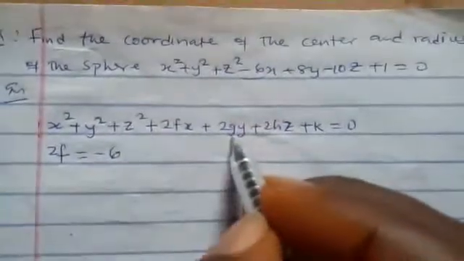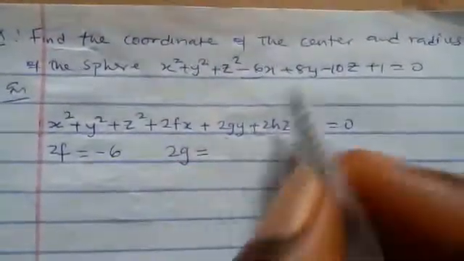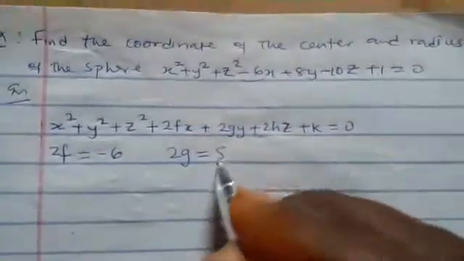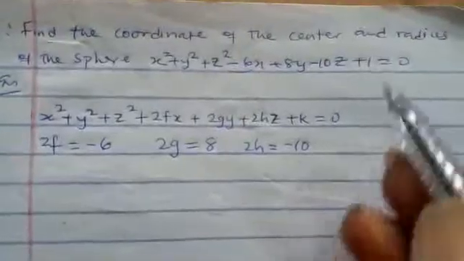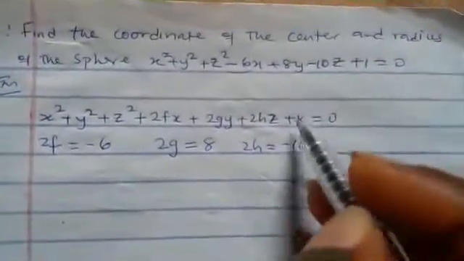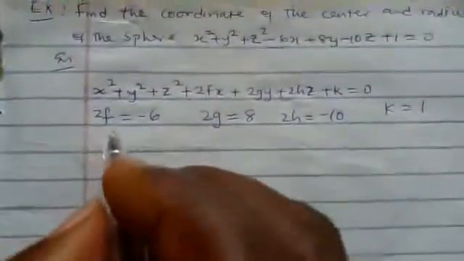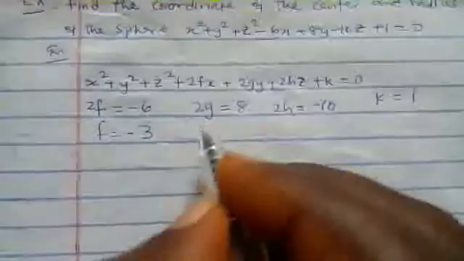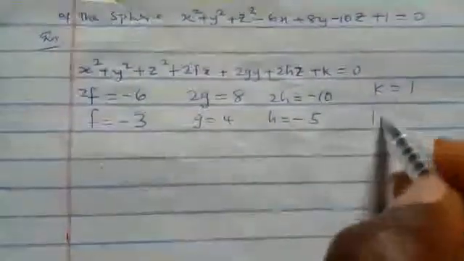Also, there is the coefficient of y here, which is 2g. You can see that 2g is the coefficient of y here, which is 8. 2h is the coefficient of z, which is minus 10 here. And this is our k. k is equal to 1. From this list, you see that f is minus 3, g is 4, h is minus 5, k is 1.